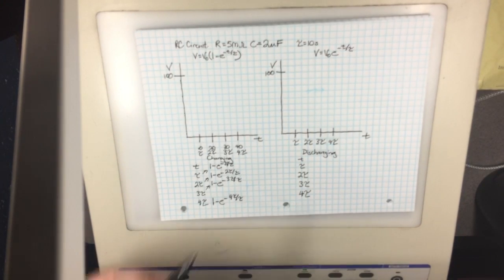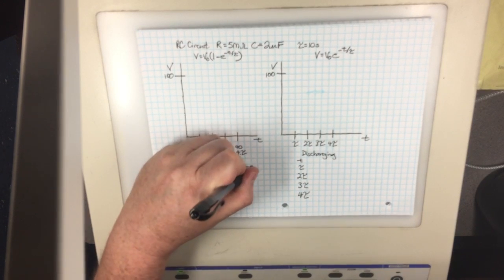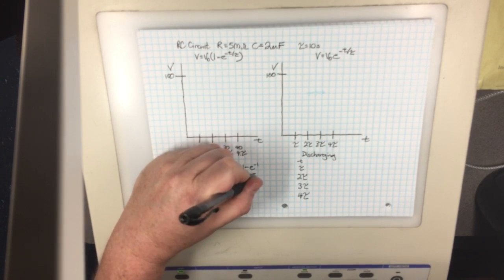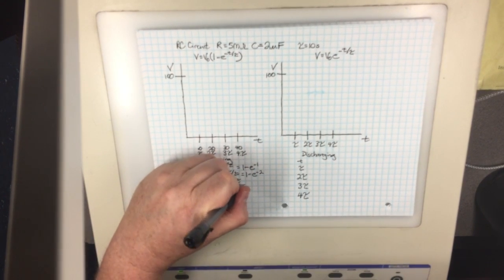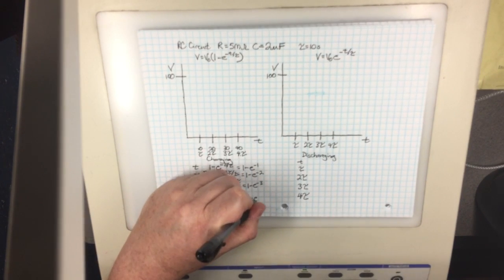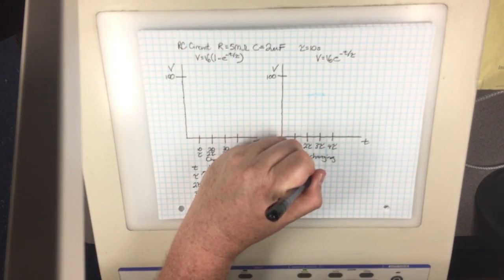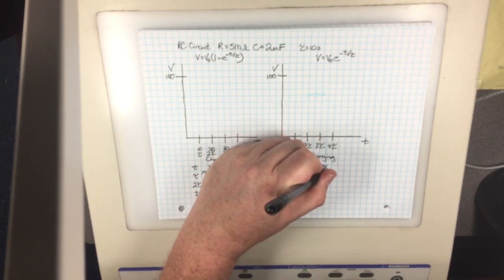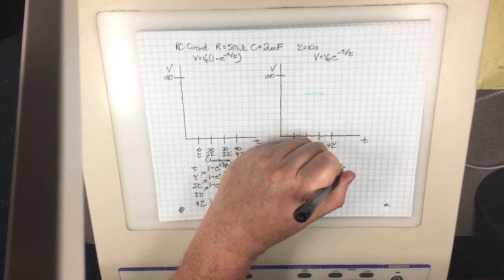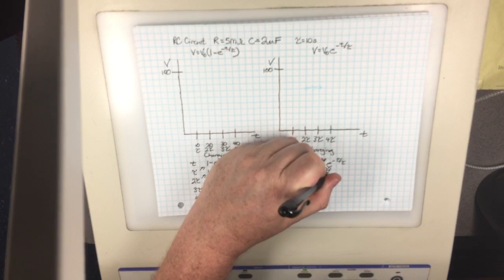1 minus e to the negative 4 tau over tau. So in all of these cases, the taus cancel. And I'm left with 1 minus e to the negative 1, 1 minus e to the negative 2, 1 minus e to the negative 3, 1 minus e to the negative 4. For the discharging, it's e to the negative tau over tau, e to the negative 2 tau over tau.